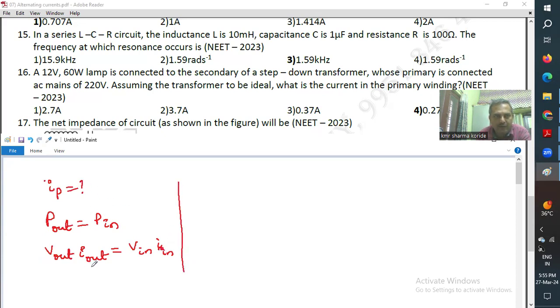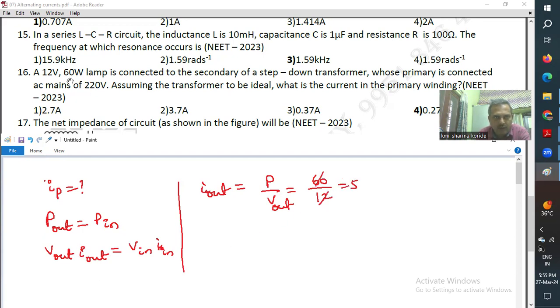Now let us try to find out I out first. I out is equal to power by voltage, voltage out. So secondary given means it is out. So P is 60, V is 12. This is going to be 5.